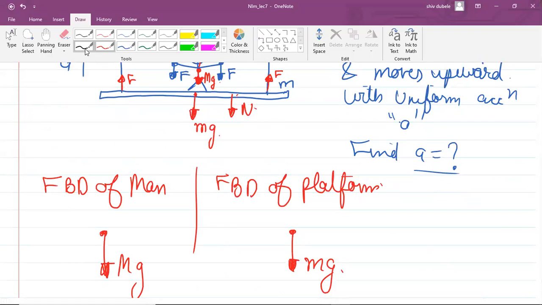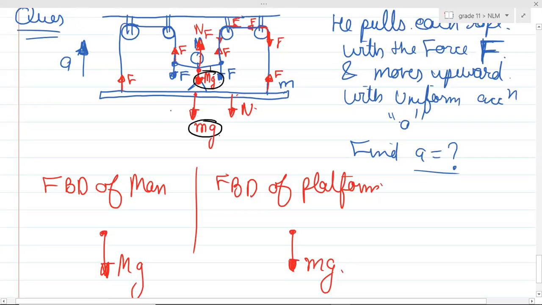Yes or no, guys? Now after this, what all forces are acting on this man? Can you see these two F's? These two F's are acting in the upward direction, and also this N is acting in the upward direction. So if I draw this, F plus F will become 2F, and one more force, the normal reaction.